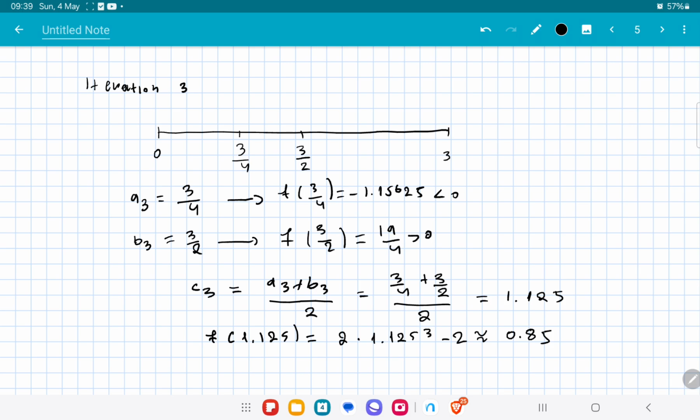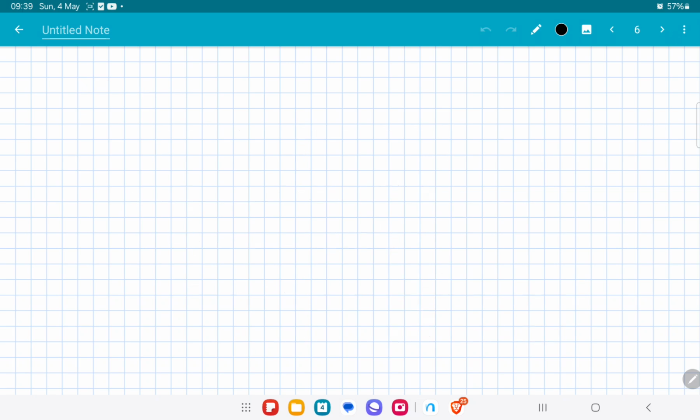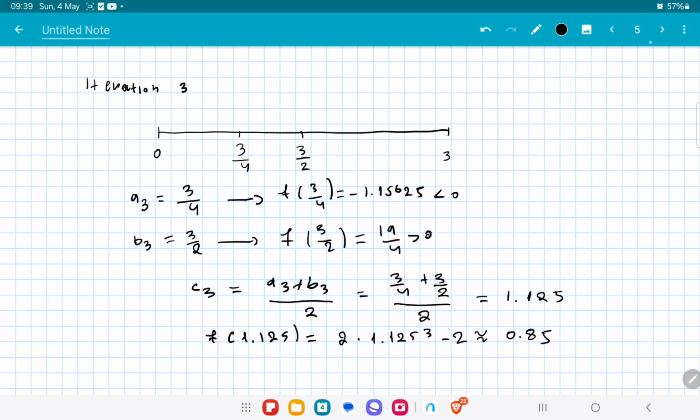If I evaluate at the midpoint, you see it is 0.85, but still I have to go because we computed the root before and it was 1. I'm nearly there.